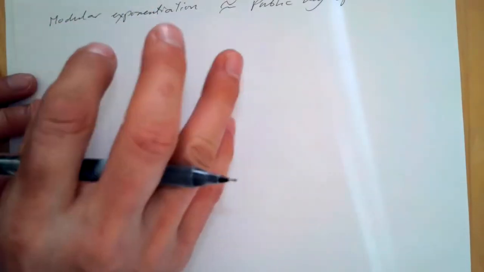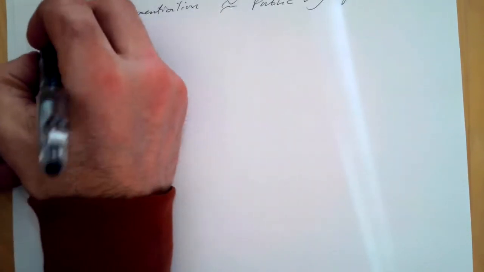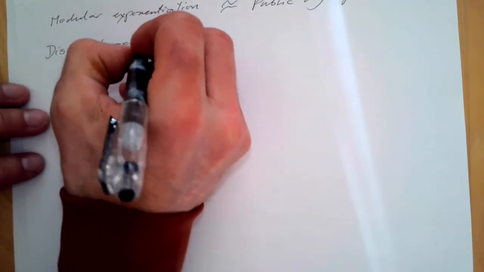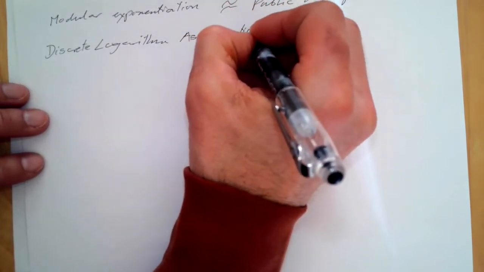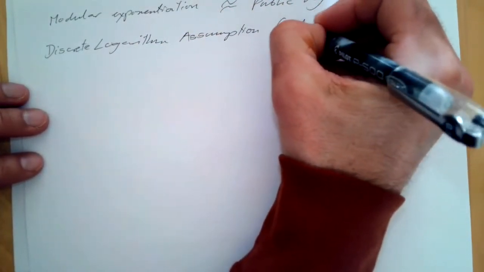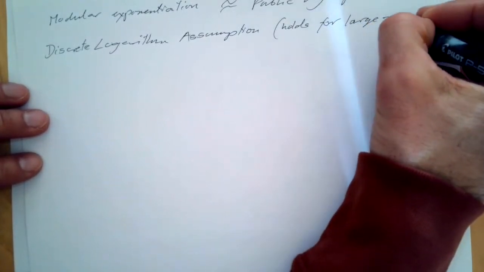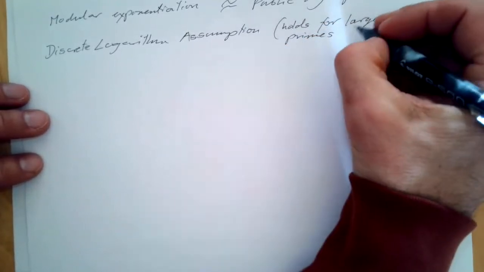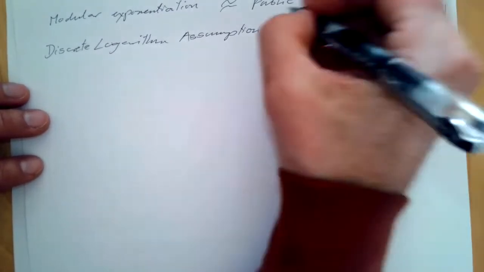Let's introduce the first type of cryptographic problem in this sphere. It's called the discrete logarithm assumption. It holds for large enough primes, prime moduli, and they have to have a special form.